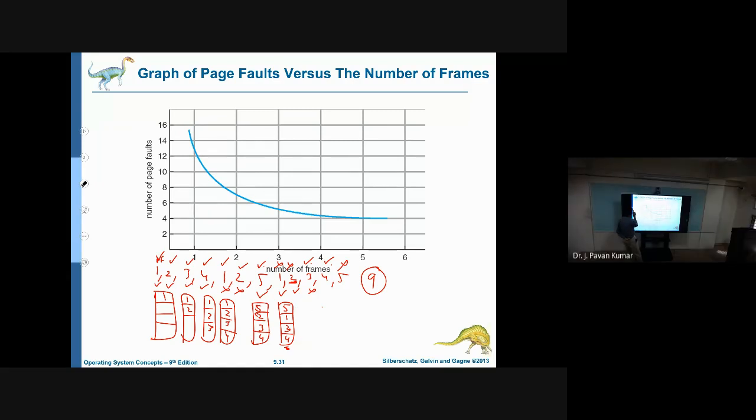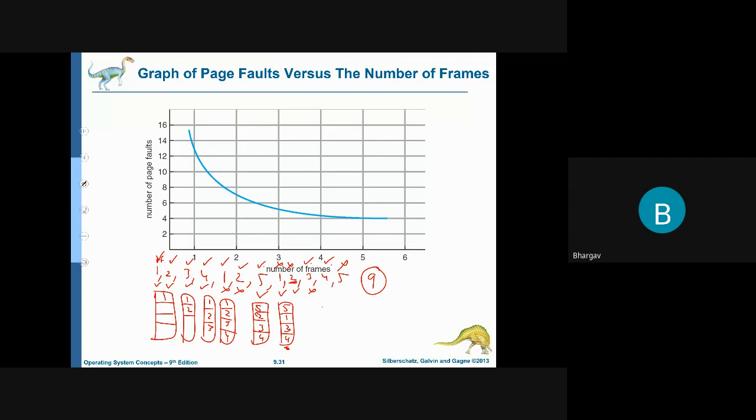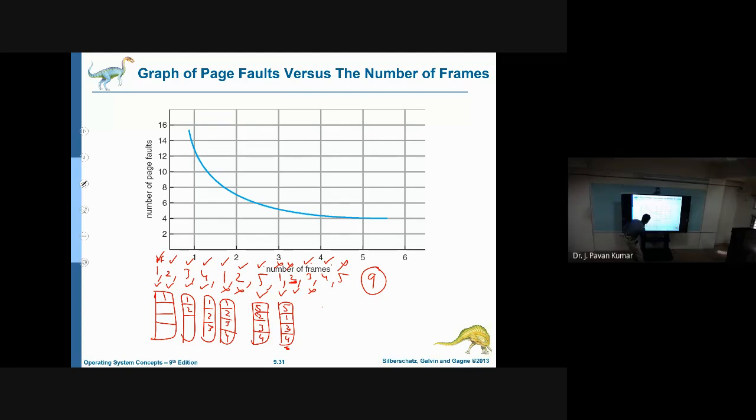Here now you say 5 1 3 4 is there. Out of those we have to select one. Which one we have brought first? 3. So 3 we have to select to replace, so 5 1 2 4.